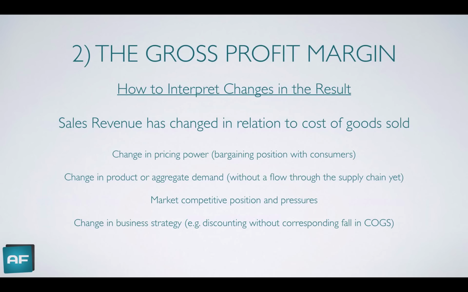The first one we've got here is a change in pricing power, so your bargaining position with consumers. If people value the business's product and you're able to charge a higher price, then sales revenue can increase without a rise in cost of inventory. An example is Apple.